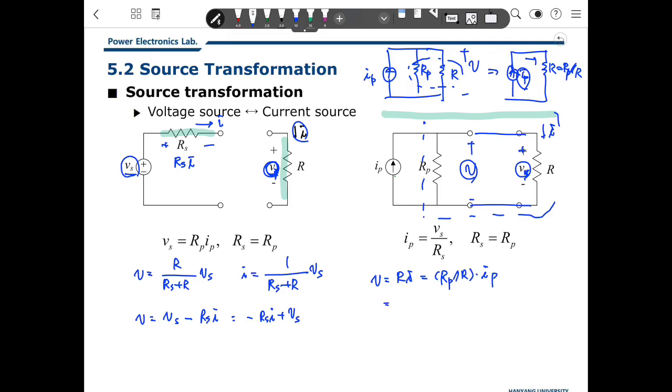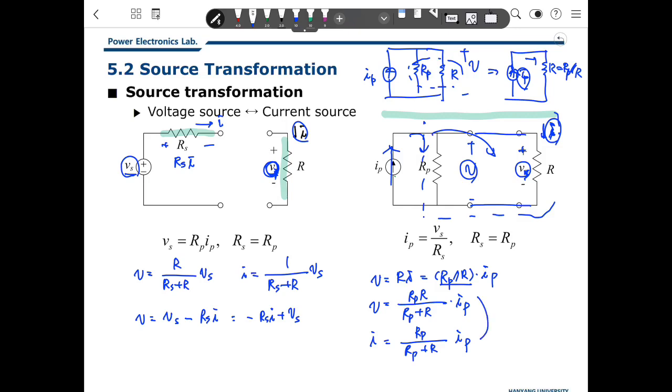So that will be Rp times R over Rp plus R, times Ip. That is V. What is I? I is because Ip is divided between the Rp and R. So there will be Rp over Rp plus R times Ip.